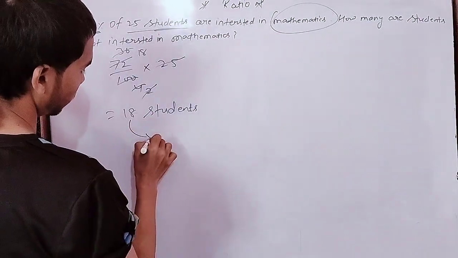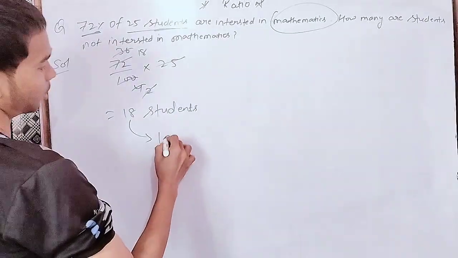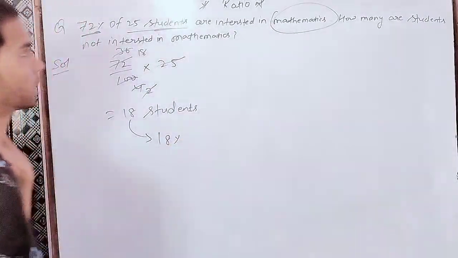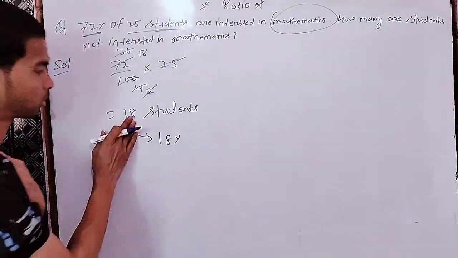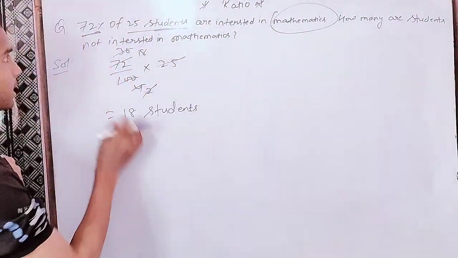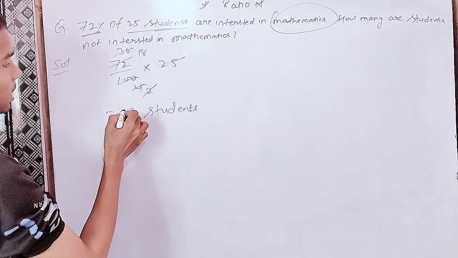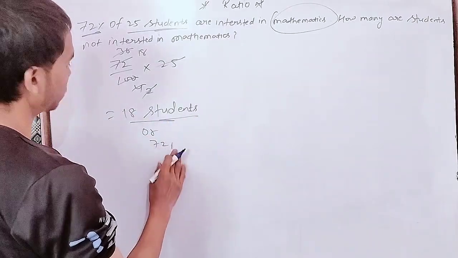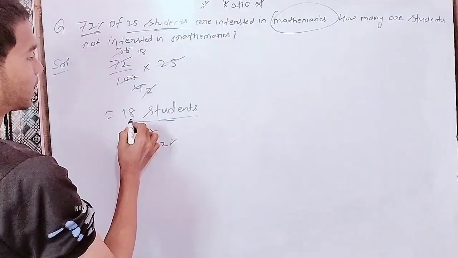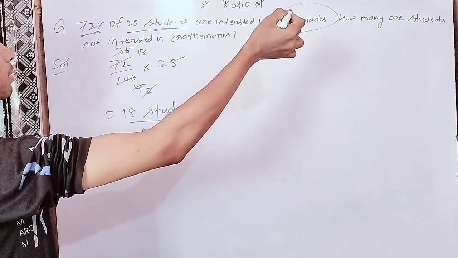And it can be converted into percentage, 18%? No, this is not the answer. This means 72% of 25 is 18 students who are interested in mathematics.